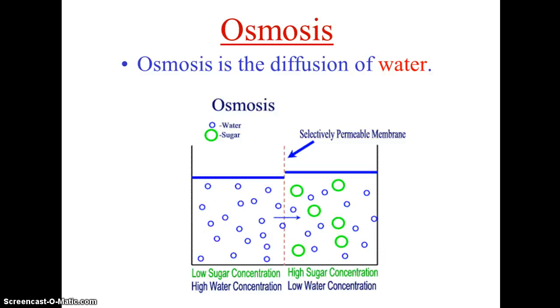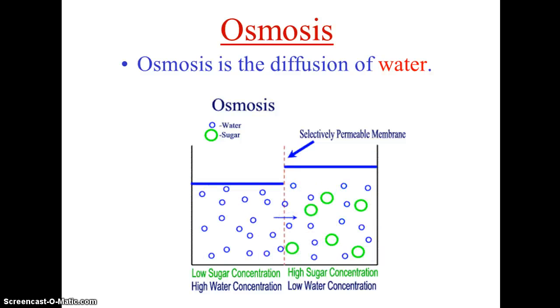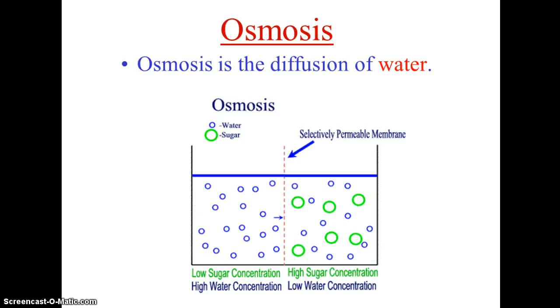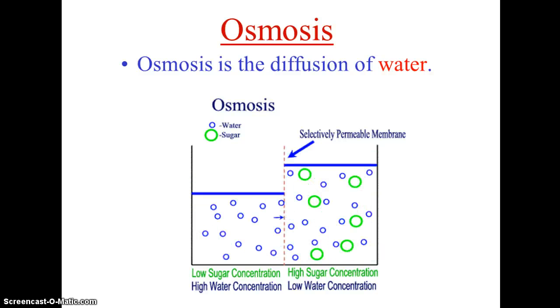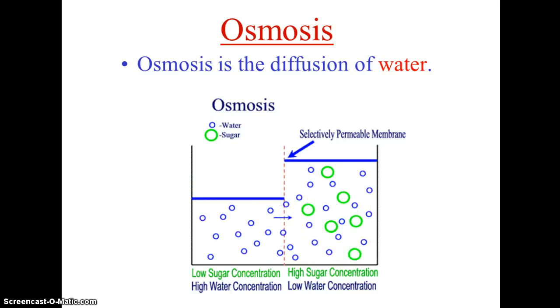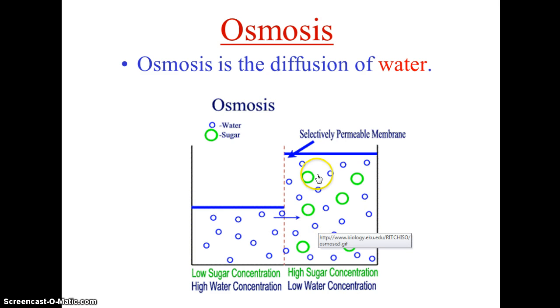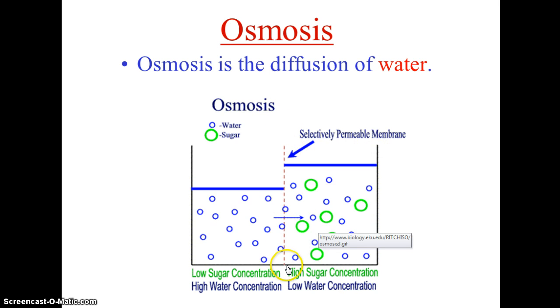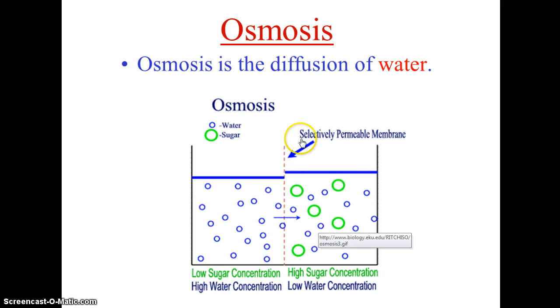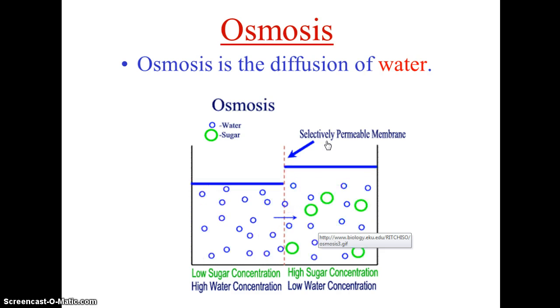Lastly, osmosis is a special type of facilitated diffusion, but it's the diffusion only of water. So in this animation, you have water molecules in blue, and you have sugar molecules in green. But now our membrane here in the center is selectively permeable. And in this case, it means that only water can pass through.